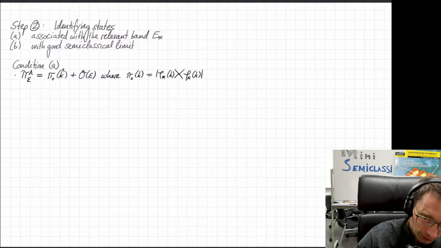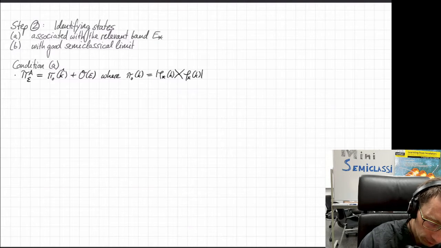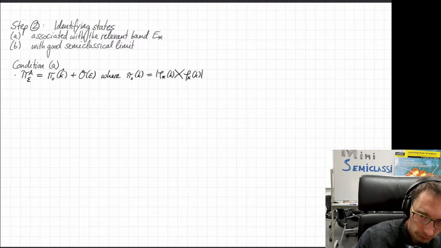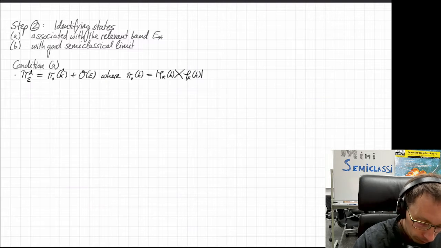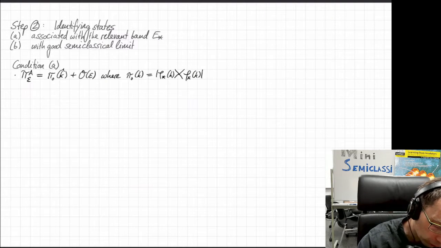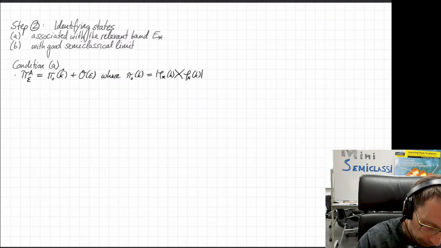This is of course a guess, but starting from this, you can construct this operator in a systematic fashion. But before I show you how to do this, I think the important point is condition B.